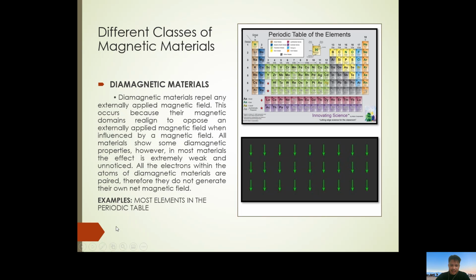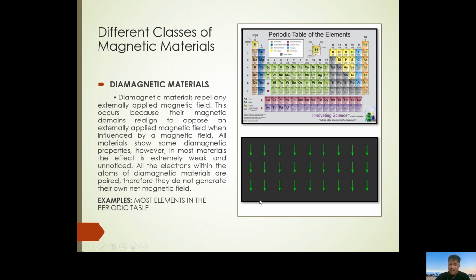All the electrons within the atoms of diamagnetic materials are paired. Therefore, they do not generate their own net magnetic field. Examples are most elements in the periodic table. I did not list any of them, but there are most elements in the periodic table.